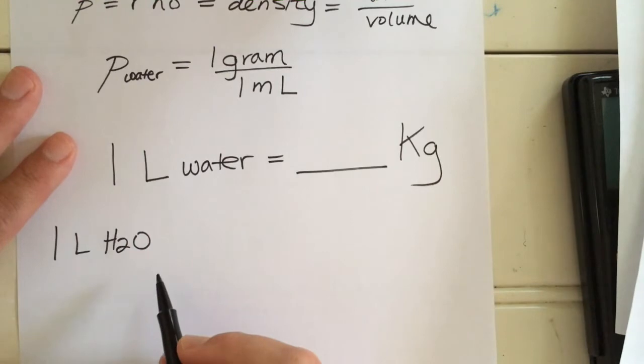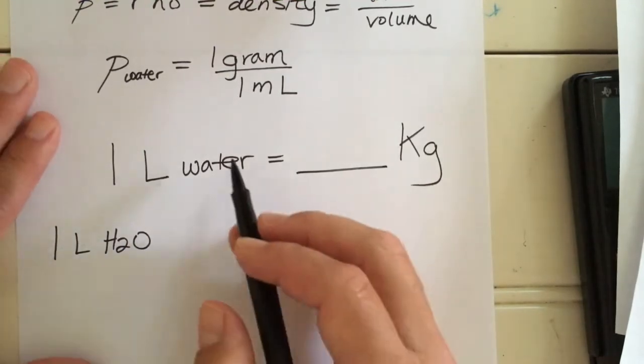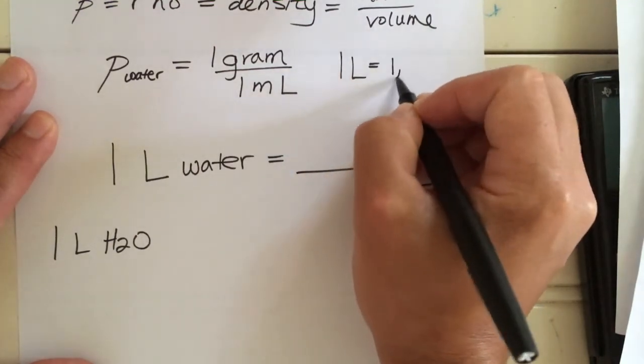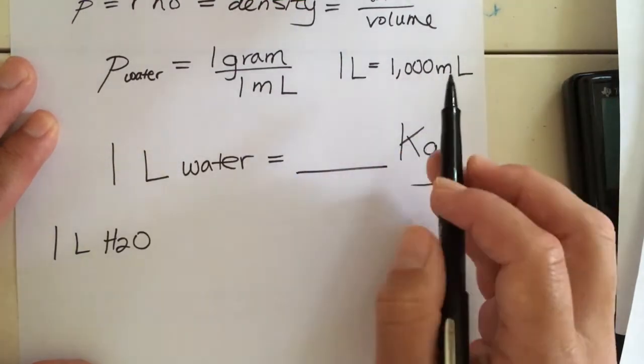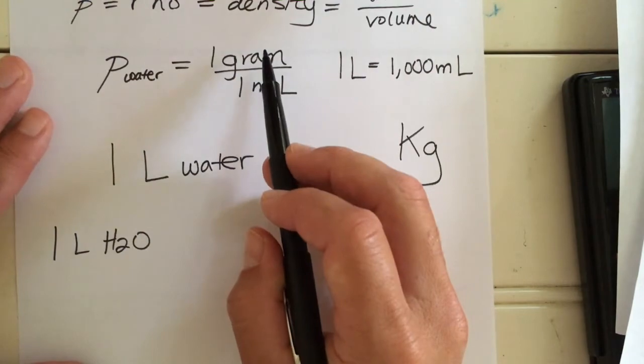The bridge I'm thinking of here is we know that 1 liter is equal to 1,000 milliliters. So we'll go from liters to milliliters and then milliliters to grams.